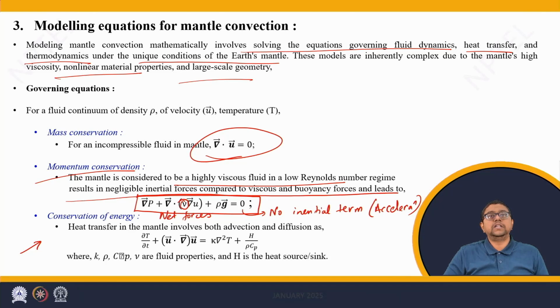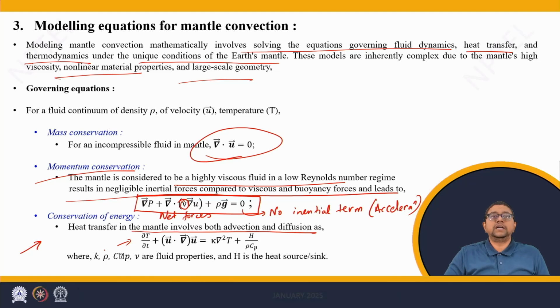Finally, we have the conservation of energy. The conservation of energy is also equivalently known as the heat transfer equation. As we know, both conduction and convection heat transfer occur.